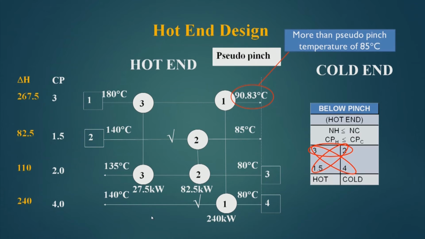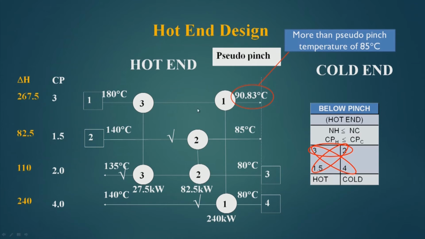Once I put this, the stream is ticked off, because from here 82.5 kilowatt has come here, it was needing another 110 kilowatt, 110 minus 82.5. This comes out to be 27.5 kilowatt. So, I have put a 27.5 kilowatt heating here from here. So, this is ticked off, this is ticked off, and this is ticked off.